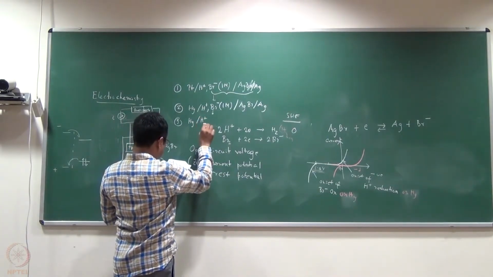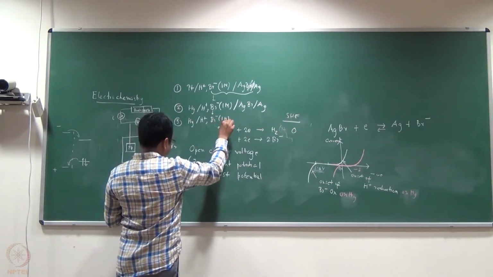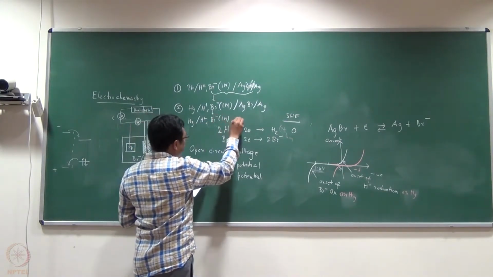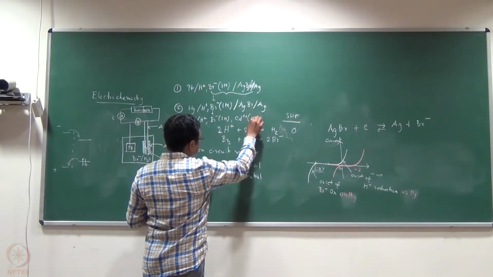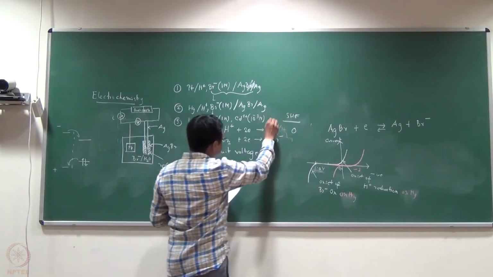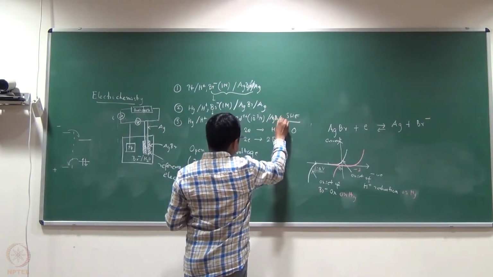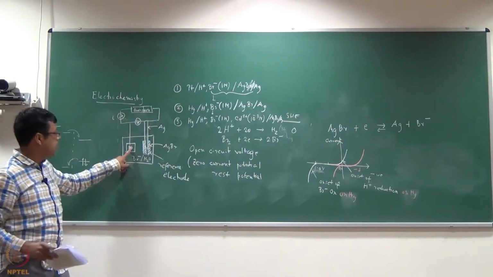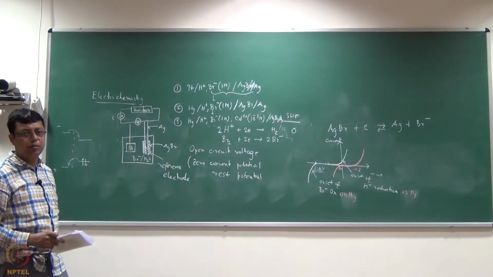In the solution phase, I have H plus, I have Br minus 1 molar, and I have cadmium, but cadmium is of course not 1 molar, it is in the millimolar range. The rest is Ag. So what I did, I had platinum, I changed it first to mercury, and now I am also adding a little bit of cadmium.